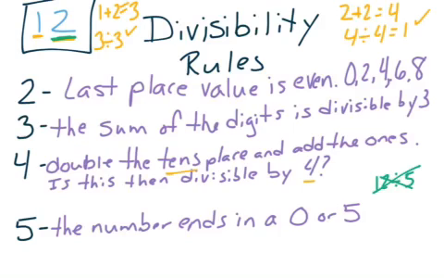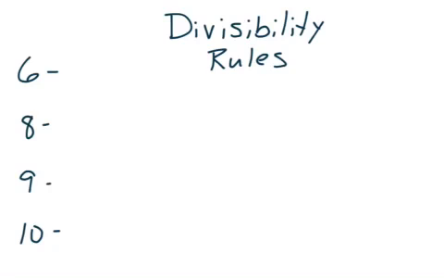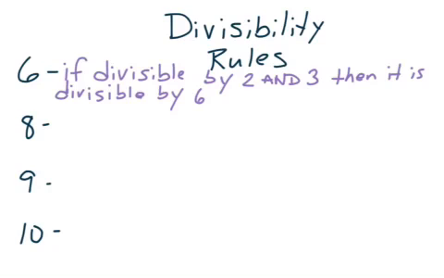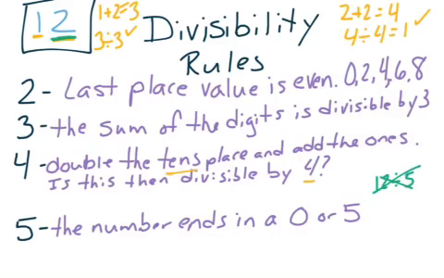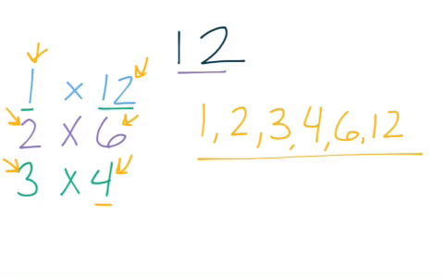Let's take a look at a few more divisibility rules. Let's look at number 6. Now for 6, we have to go back and look at 2 and 3. So if our number is divisible by 2 and 3, then it's also going to be divisible by 6. So if we go back to when we found our factors, we saw that our number was divisible by 2 and our number was divisible by 3.